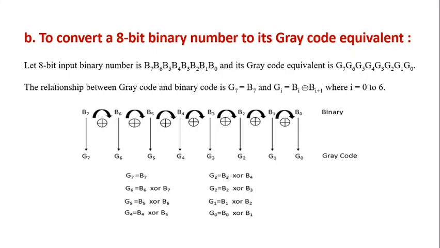Now in case of XORing, if our bits are dissimilar, suppose 0 1 or 1 0, then we will get the output as 1. If both the bits are similar, like 0 0 or 1 1, after XOR operation we will get 0. So this way we can convert our binary number to gray code.